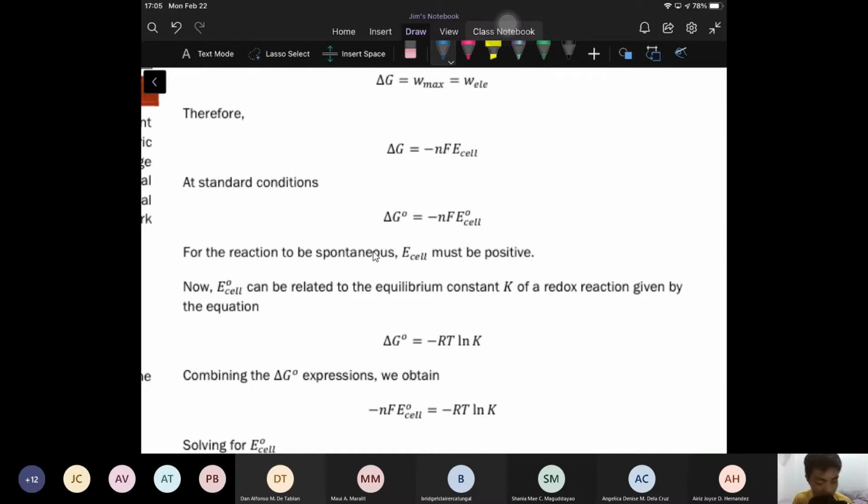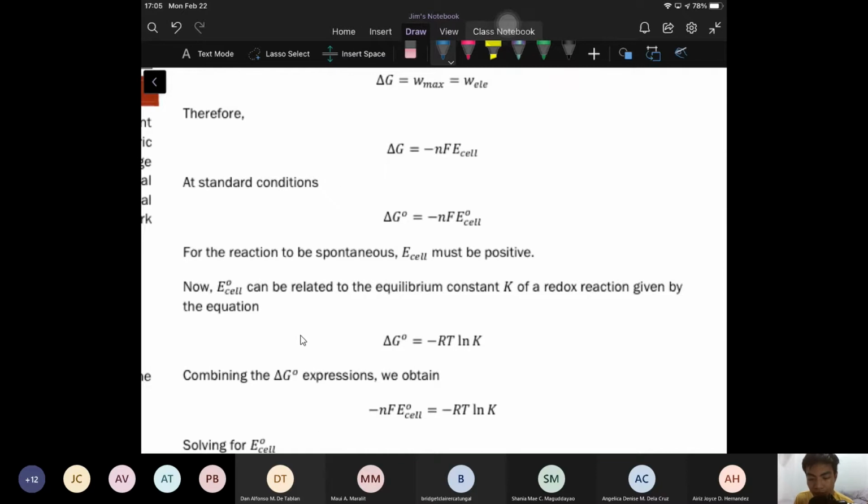At standard conditions, all you have to do is to write small circles sa taas ng G and E. Yung small circle will tell us na we are at standard condition. So ano meaning ng standard condition? We are at room temperature and 1 molar concentrations.